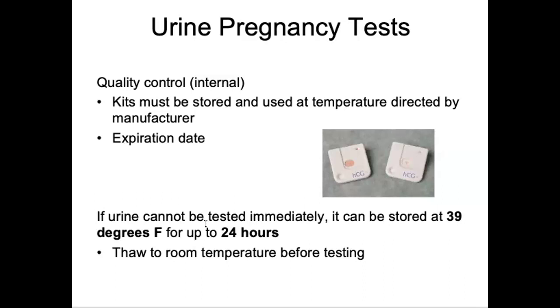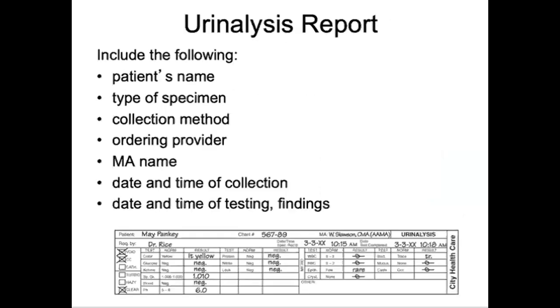I'm going to bold that because I'm probably going to ask you that on a quiz or an exam, right? But make sure you thaw to room temperature, just in case it's starting to get icy. Just make sure it's warmed back up to room temperature before you actually test it.